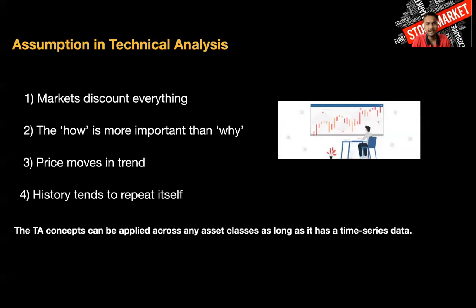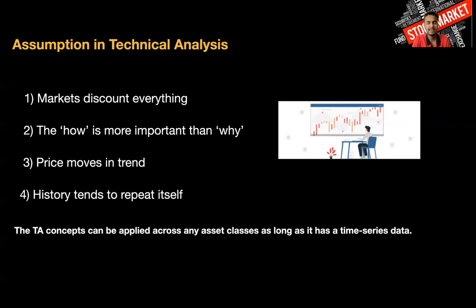Some things we assume in technical analysis, so that it is considered a good analysis. The first is that markets discount everything, which means the market tells us everything: how much quantity is being bought and how much the price is moving. In fundamental, we can't say who is buying those stocks and how much they are buying.